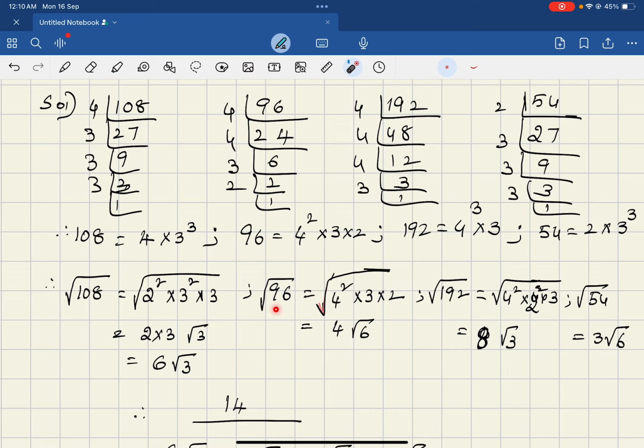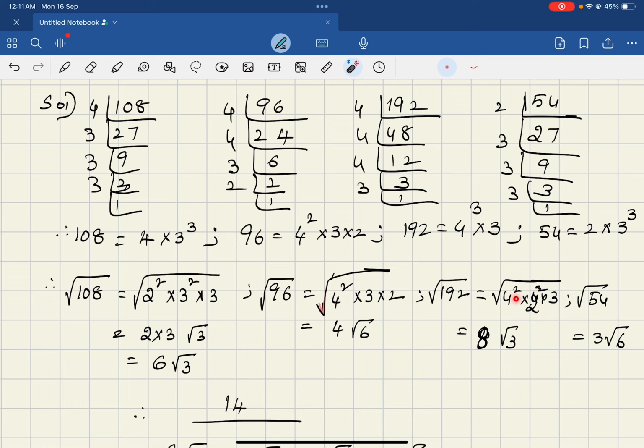Next, square root of 96. Square root of 4 square multiplied by 3 into 2. Again the square and square root get cancelled. So it is 4 square root of 3 into 2, which means 6. 192 under root: again 4 cube can be expressed as 4 square into 4. Now that 4 can be expressed as 2 square into 3.